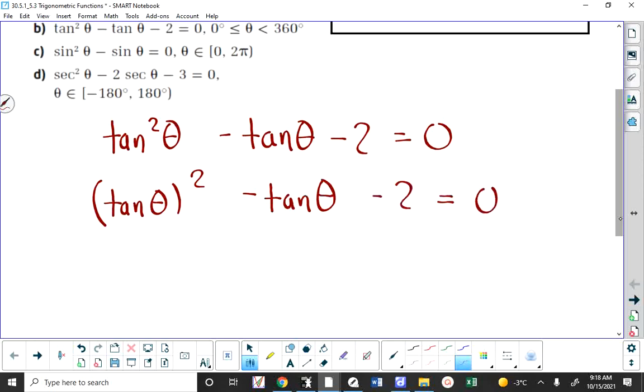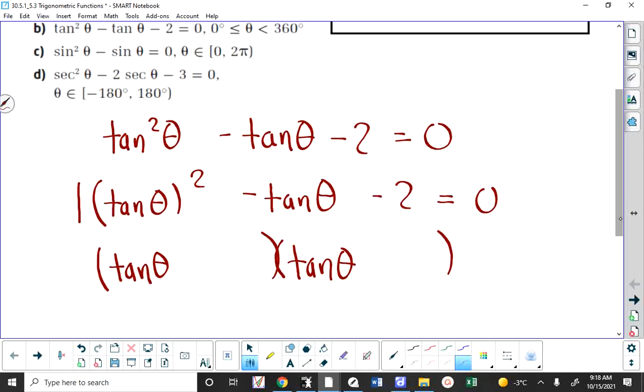But now what you're looking at is something where the quadratic term has a coefficient of 1, which means if this is factorable, it's simply a matter of writing what is being squared to give you the first term, which is tan of theta, in the first available opening of each binomial.